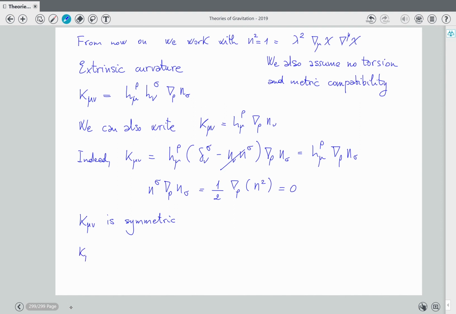We study the difference, which is h_mu^rho h_nu^sigma. Instead of exchanging mu and nu, we can exchange rho and sigma.